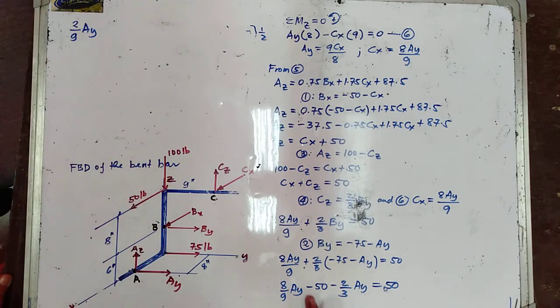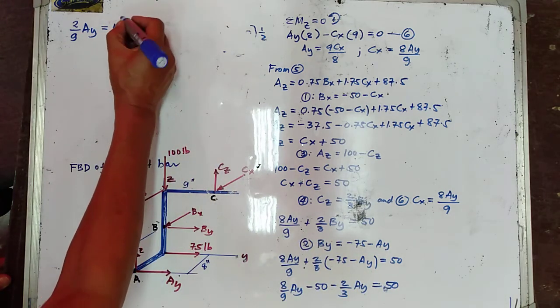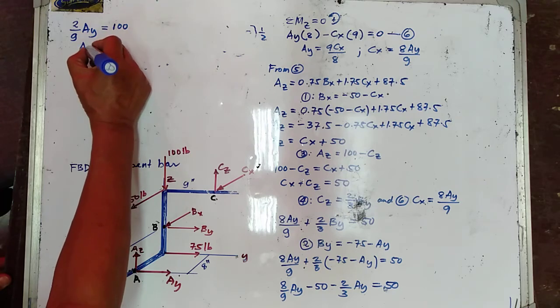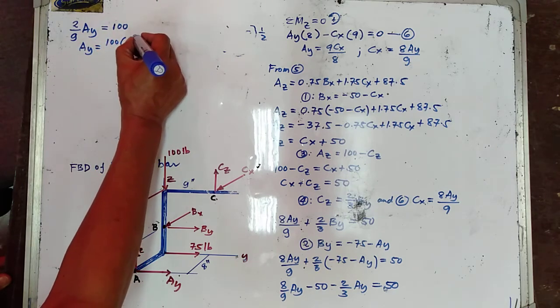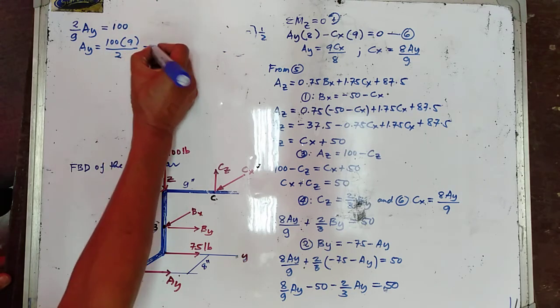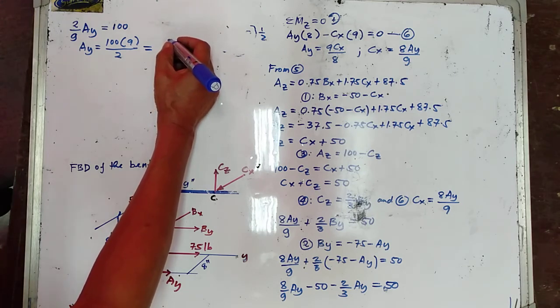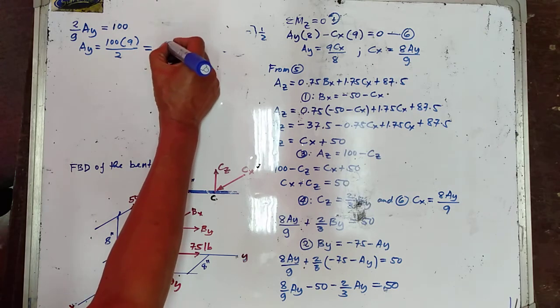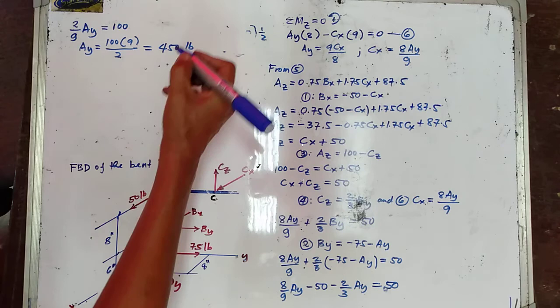So transpose this to the other side of the equation. It will become positive, and that is equal to 100. Hence, your AY is equal to 100 times 9 all over 2. So the value of AY is equal to 450 pounds.